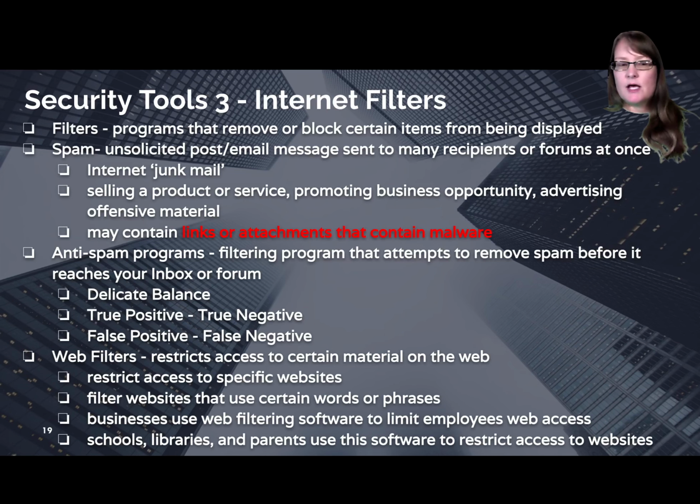A lot of people get upset and ask, why am I getting spam messages? It's because this balance is very difficult. If you set the restrictions too high, then your Aunt Sally message doesn't get through. If you set the restrictions too low, then you end up getting too much spam.